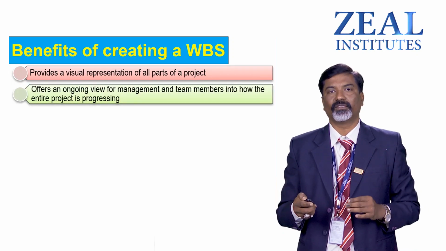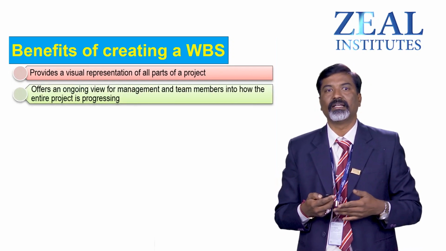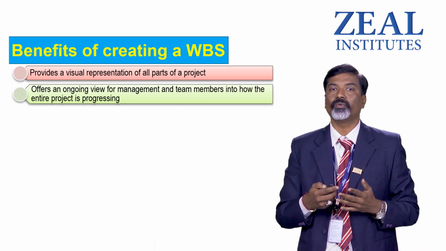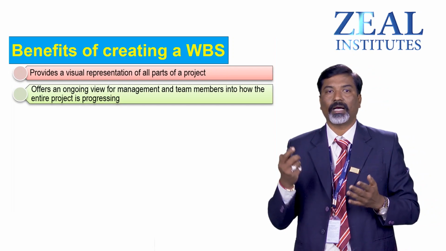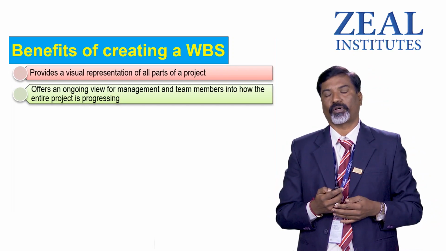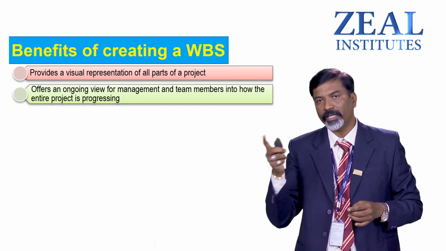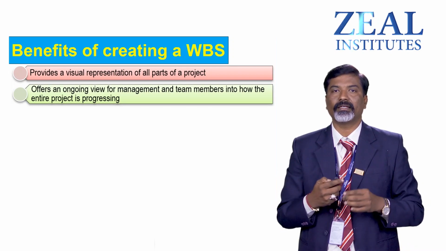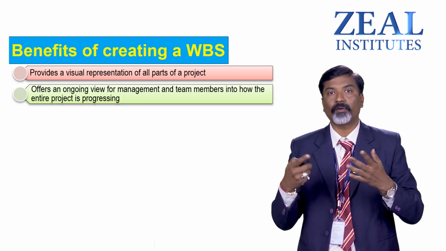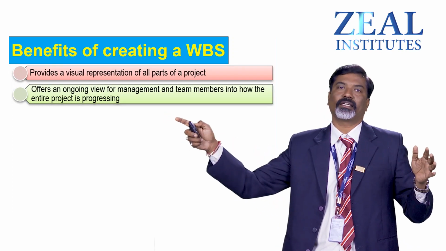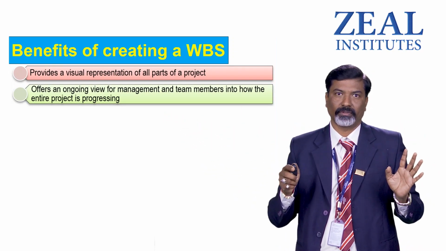The second benefit of having work breakdown structure is that it offers an ongoing view for management and team members into how the entire project is progressing. So all management members will take some decisions, some preventive measures, some corrective measures, some adaptive measures, so that the particular project can get completed as per schedule.